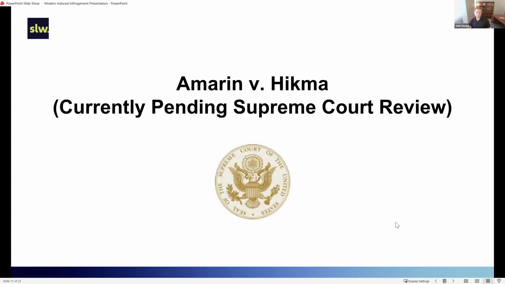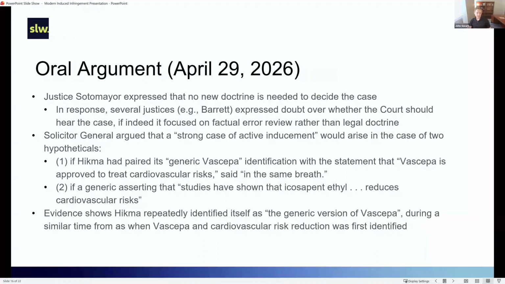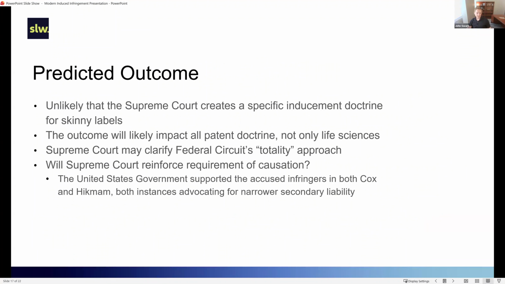So I think what we're at least hoping for here is some clarity from the Supreme Court, which would probably be in line with the recent Cox decision if they fell in favor of the generic holder, that maybe this doesn't amount to causation or anything more than mere knowledge.